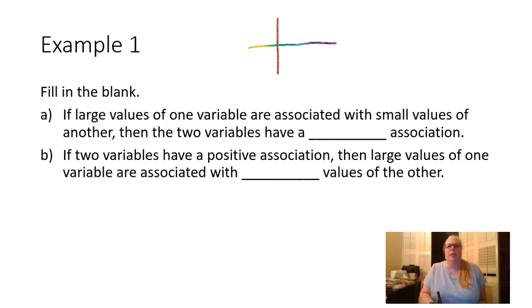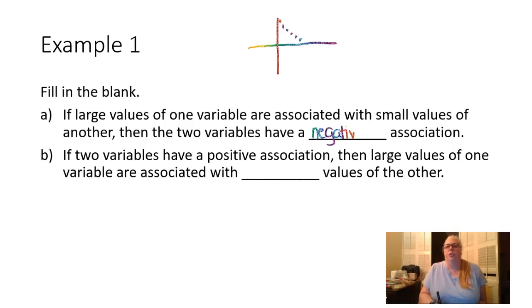If we're looking at this on the XY axis, as one variable gets larger, the other one's getting smaller, and so low values of X will have high values of Y. It'll end up looking something like this right here. This is a negative association because as one gets smaller, the other one gets larger.